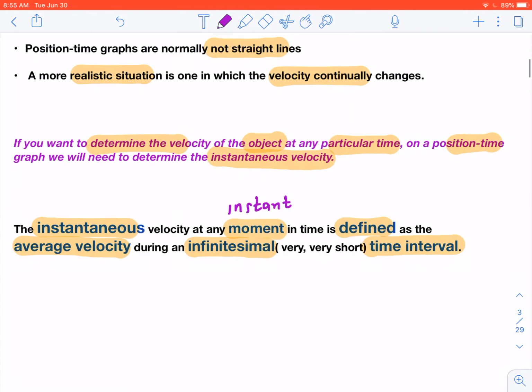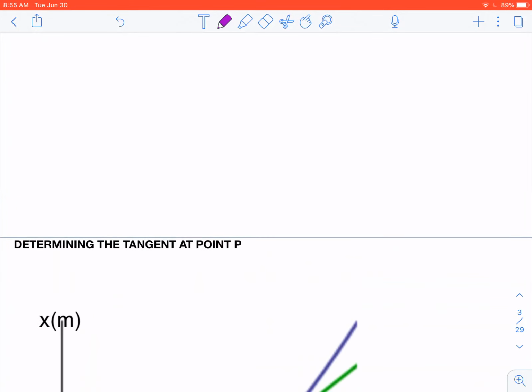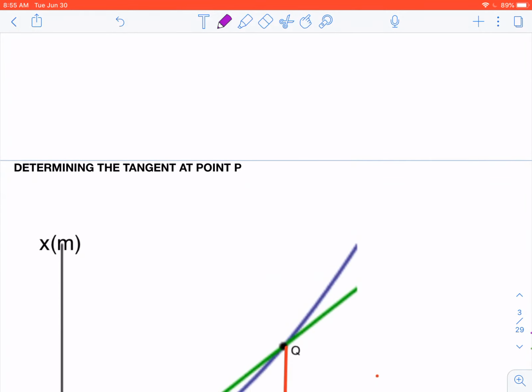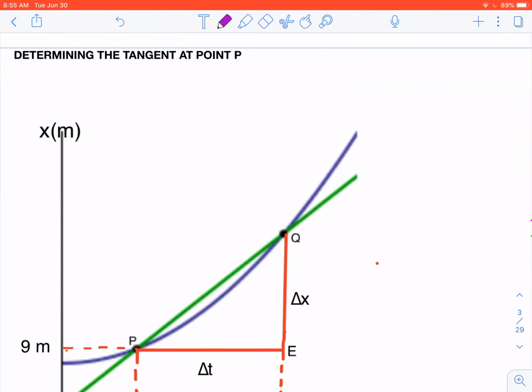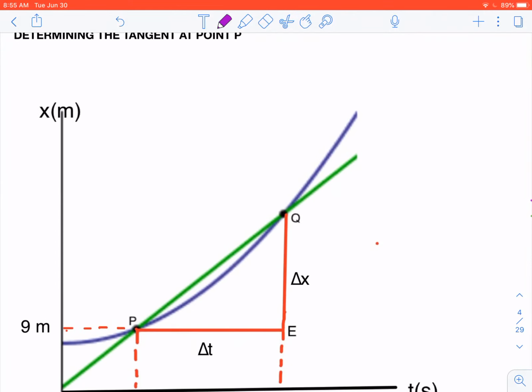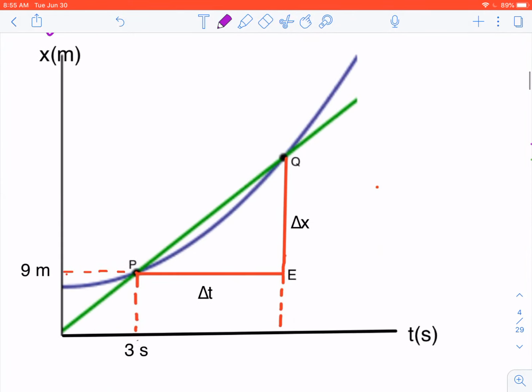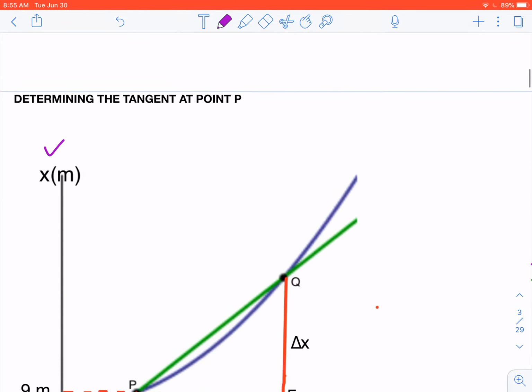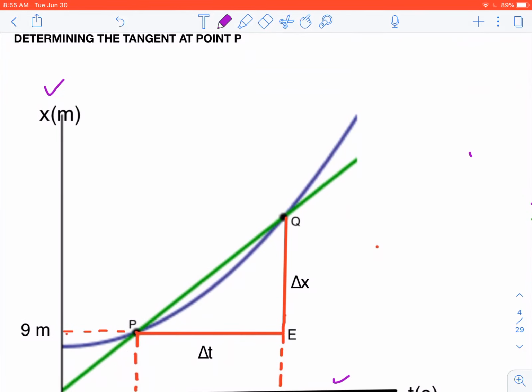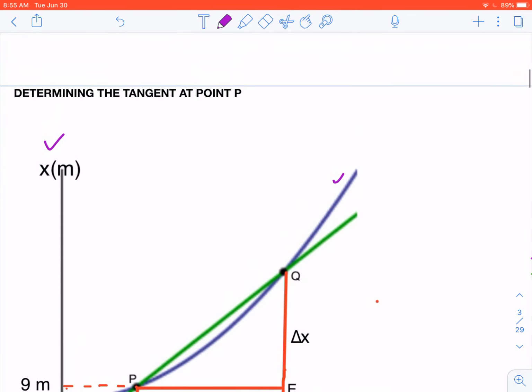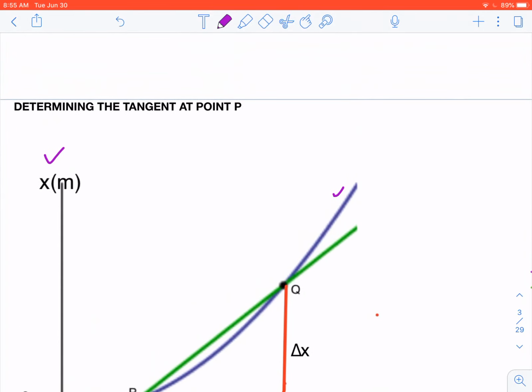Now let's look at this. How do we go about determining the tangent at a particular point on a curve? And here I have a position time curve. There's position against time. Now this particular curve that we have here is actually modeled by the equation x is equal to at squared.